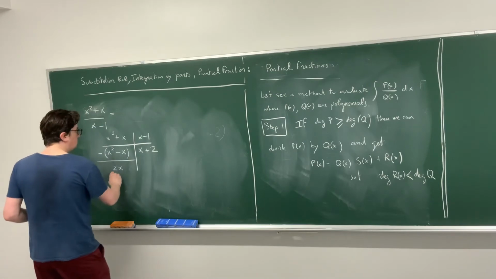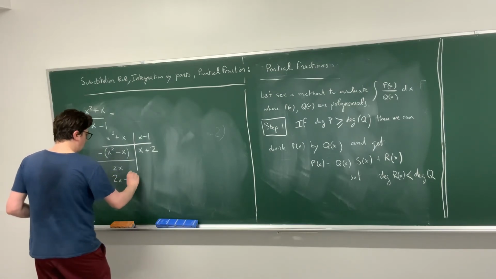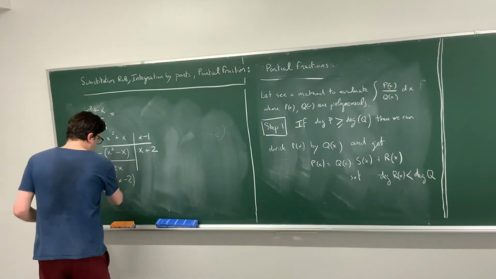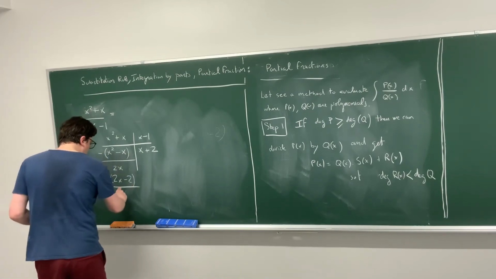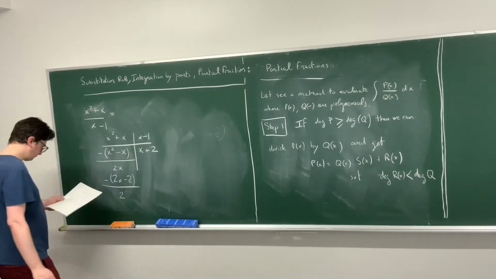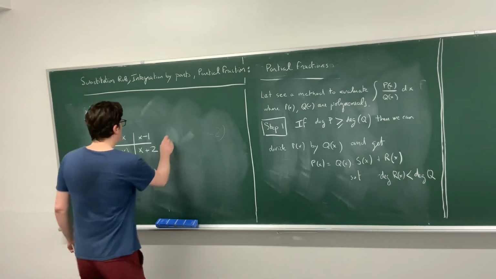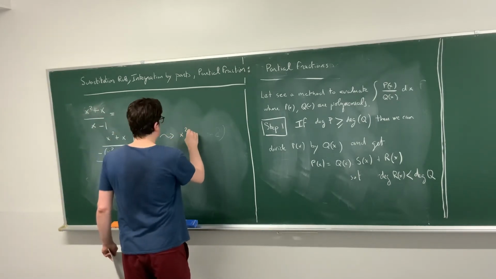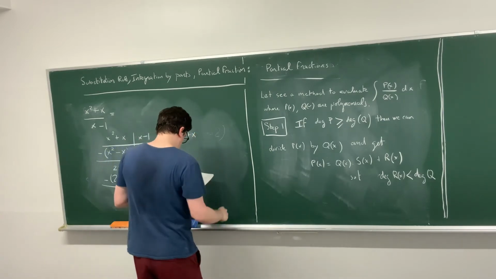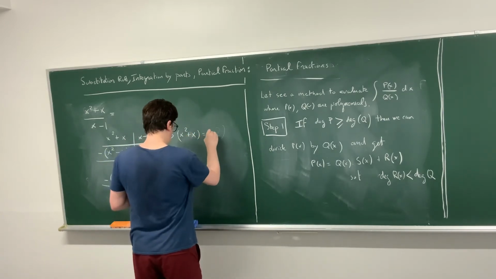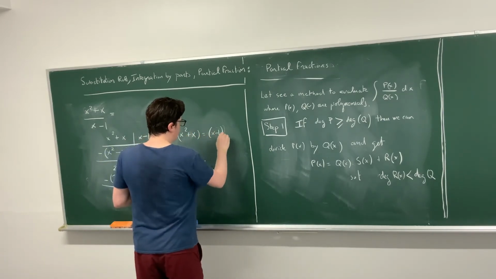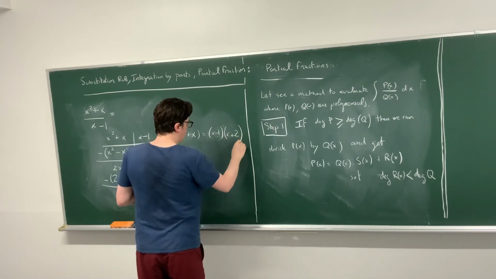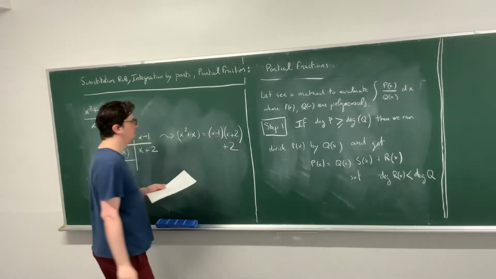Then you will get 2x minus 2, isn't it? And you subtract this, so you will get 2. Okay, and then you can write, once you have done this, that x squared plus x is equal to x minus 1 times x plus 2, plus 2.